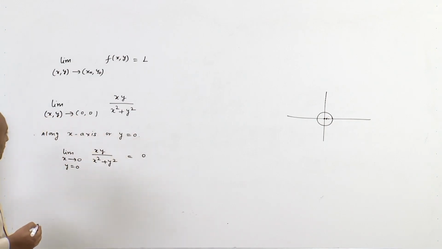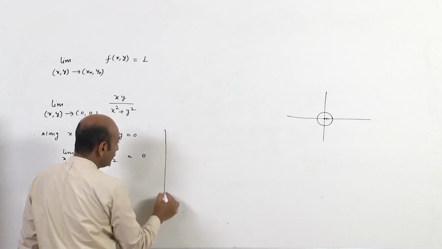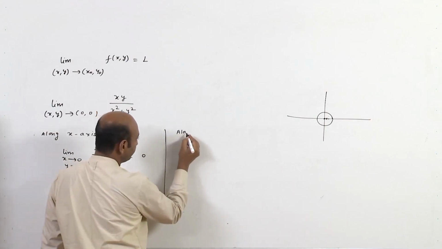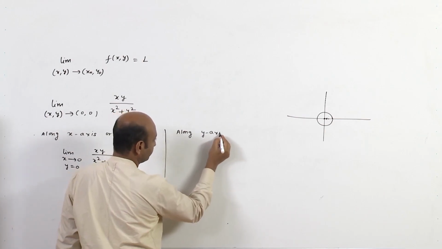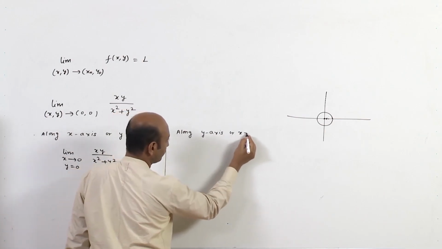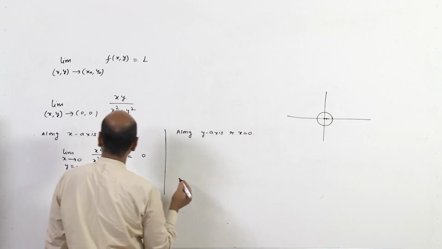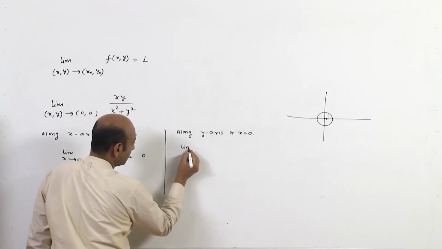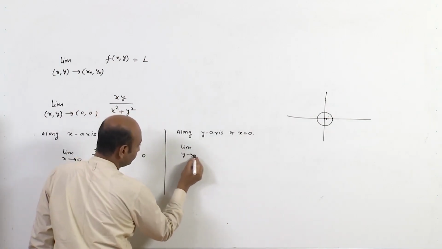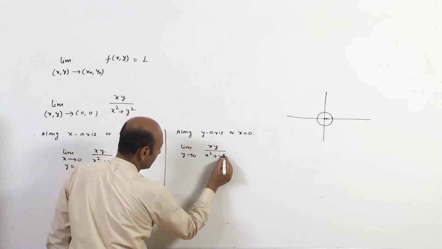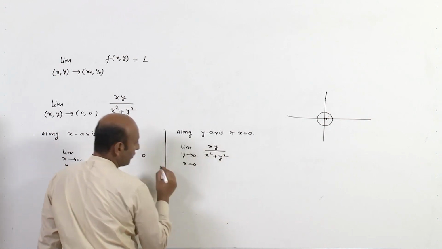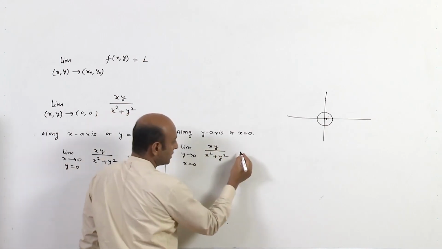Okay. Now let us move along the y axis or x equal to 0. Now, if you move along x equal to 0, it is the limit as y tends to 0 of xy upon x square plus y square with x equal to 0. When you substitute x equal to 0 here, this is 0.